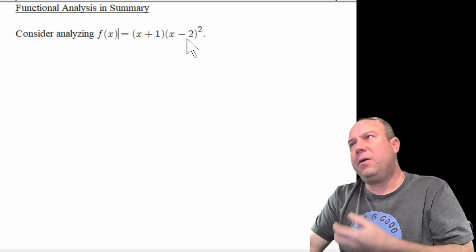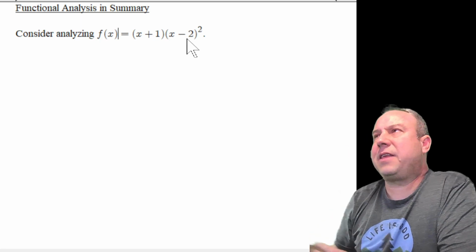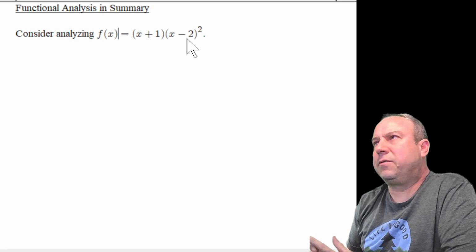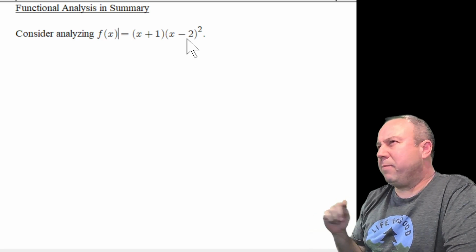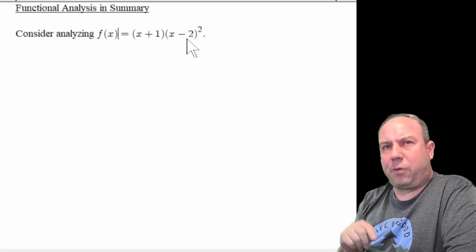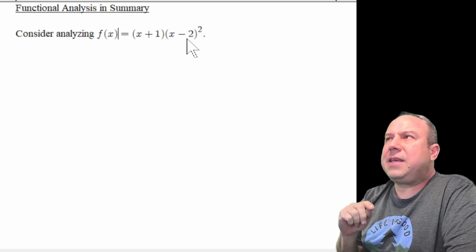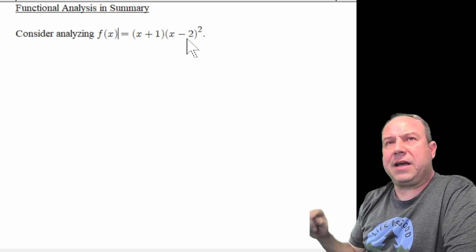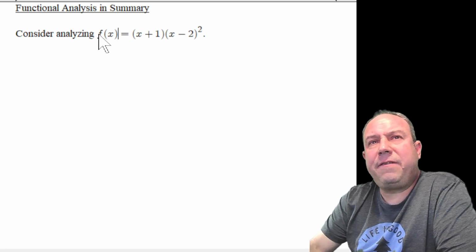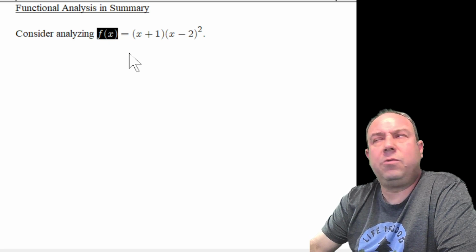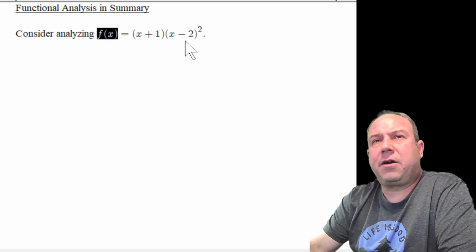We could expand it to see that third degree polynomial, but this factored form is a bit more convenient for us. If we remember, the factored form tells us where we're going to find our x-intercepts. Anywhere f of x equals 0 is where we will find our x-intercepts.